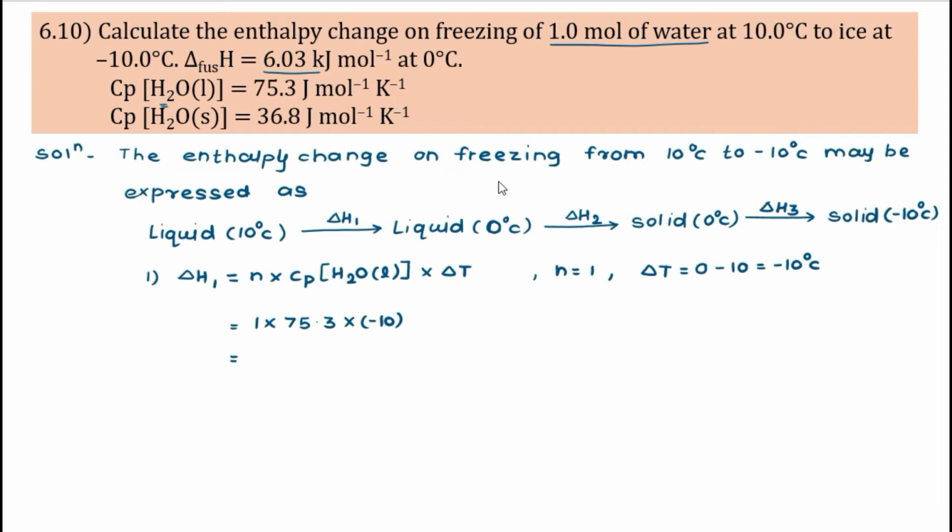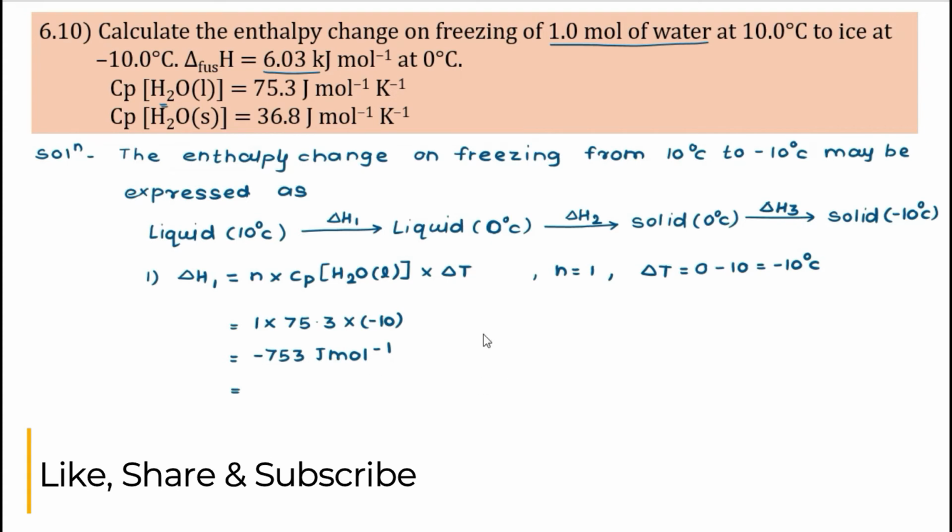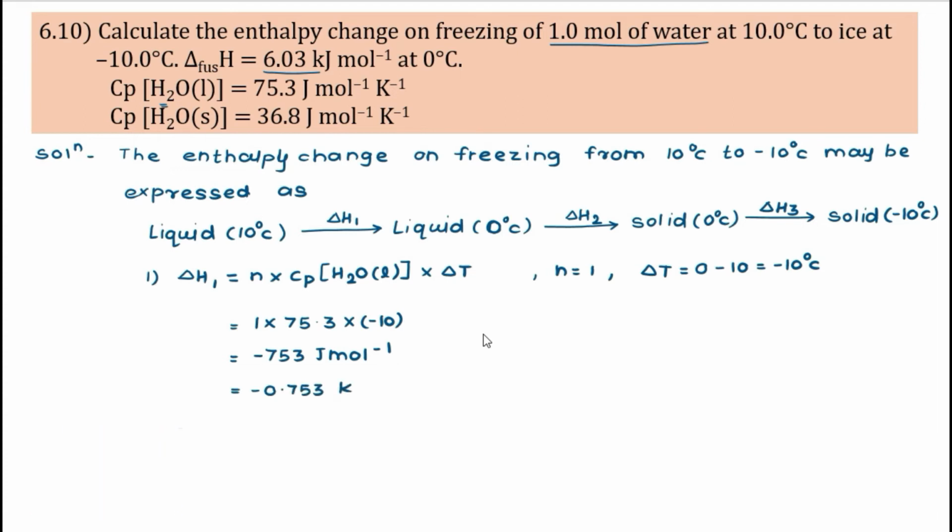After multiplication I will get minus 753 joule per mole. This is enthalpy change in the first step. If I convert this into kilojoule, I divide this quantity by 1000, and I will get minus 0.753. Now the unit is kilojoule per mole. Correct? So this is the calculation of delta H1.